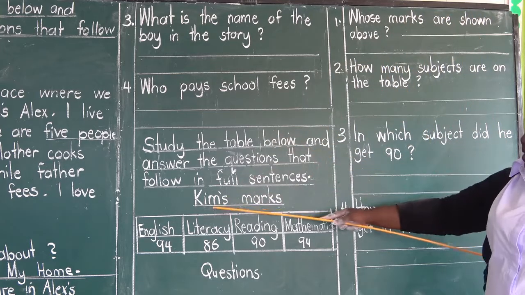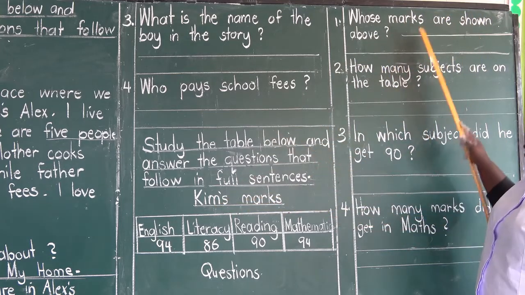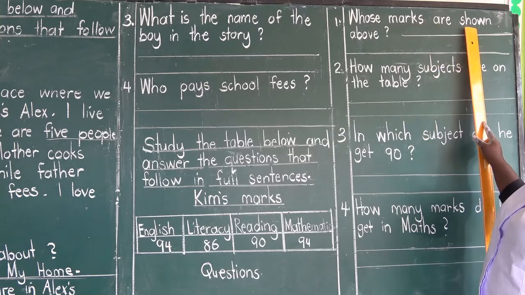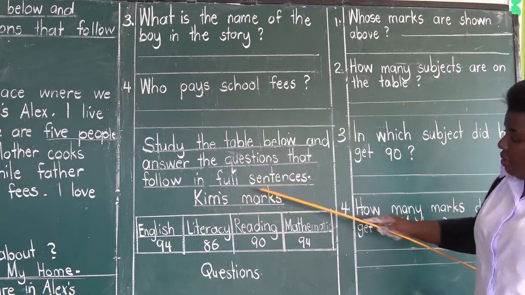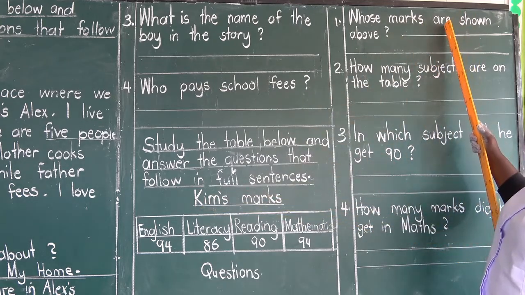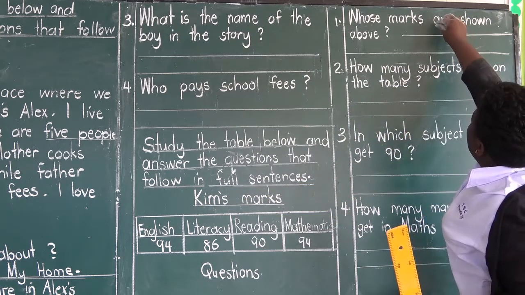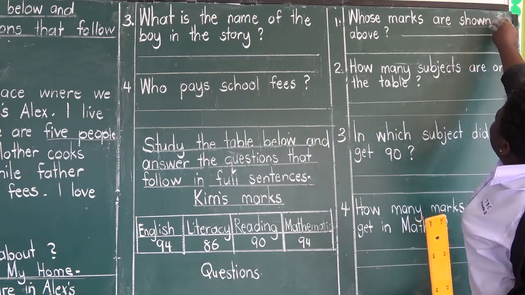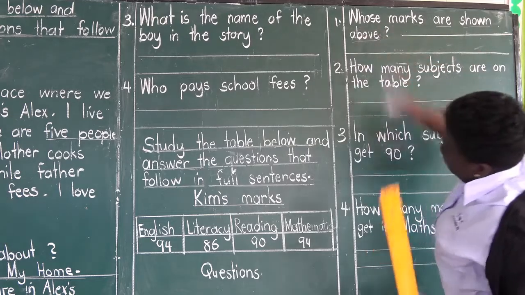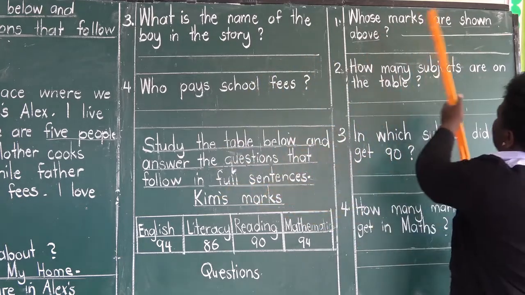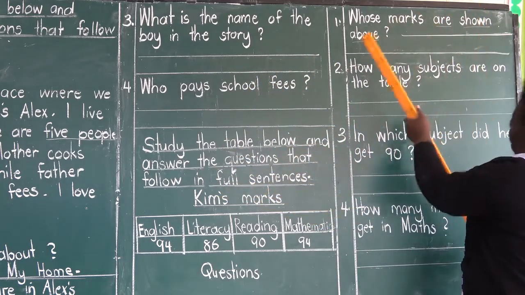So you copy the words Kim's marks. The remaining words are here in the question. Kim's marks are shown above. Let me even underline where you are going to get them from.